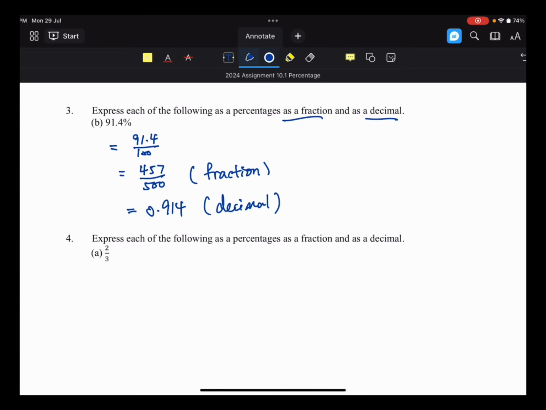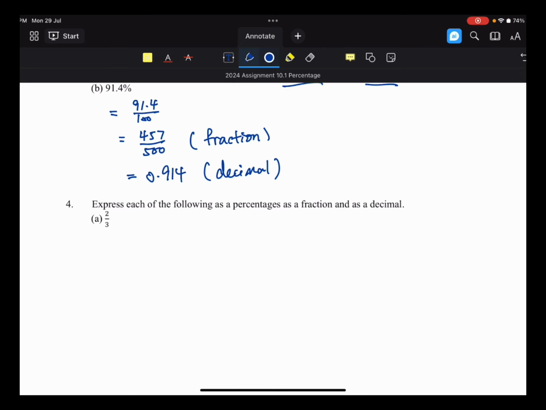Okay. Now express each of the following as a percentage, as a fraction, decimal. Okay, there's some issue with the question, but anyway, two thirds, right? So if I multiply 2/3 by 100%, this will give us 66 and 2/3%, right?